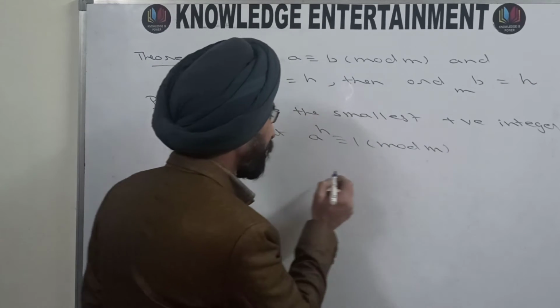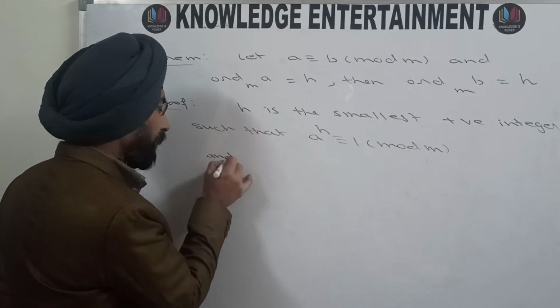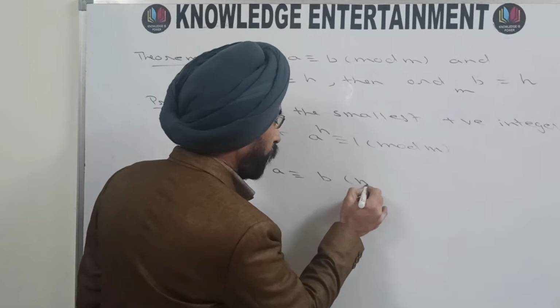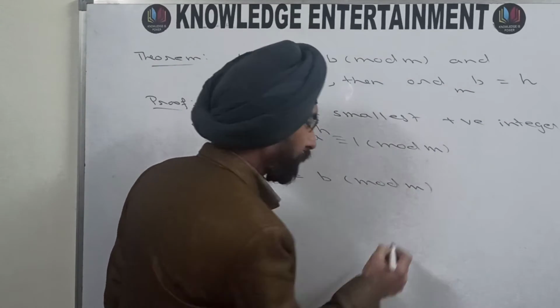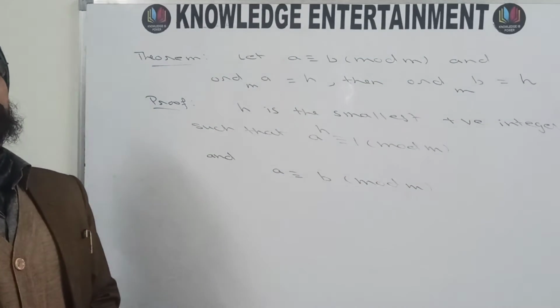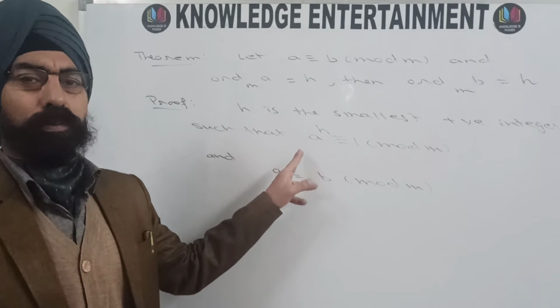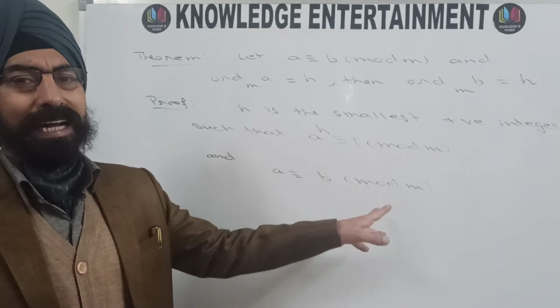This is given to us, and further we are given that a is congruent to b modulo m. We know from the chapter of congruences that if a is congruent to b, then a raised to the power h is congruent to b raised to the power h modulo m.